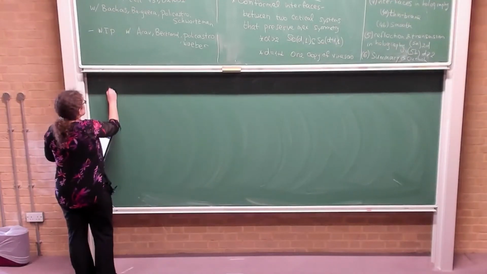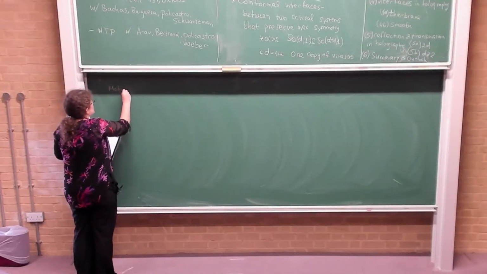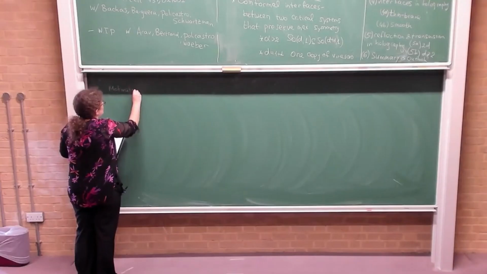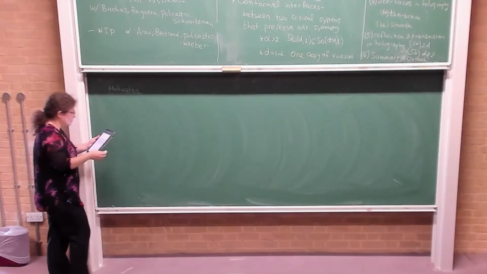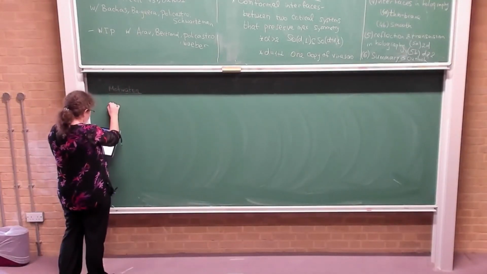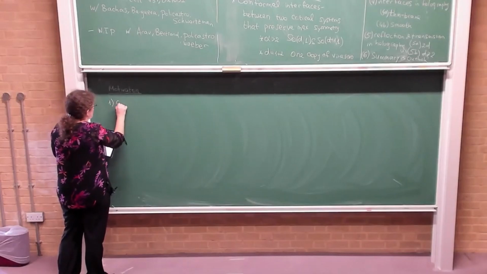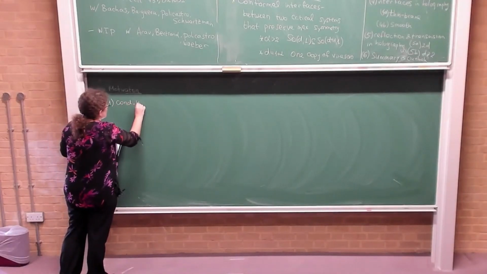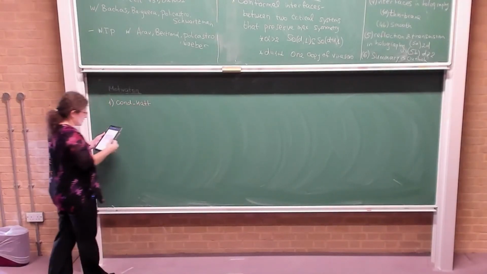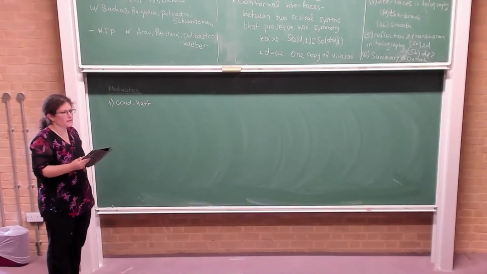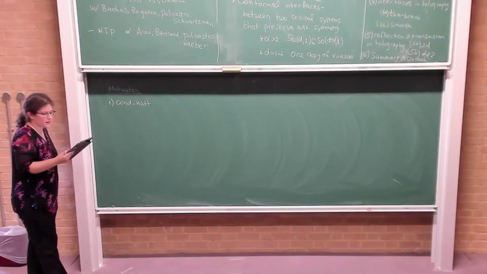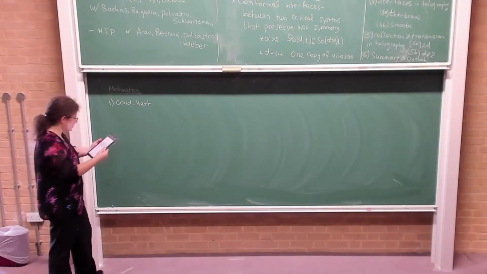Right. So this is a bit of motivation where we find those in nature or in general. So we find conformal interfaces in many places in condensed matter physics, including junctions of quantum wires, line and surface defects in the 2D and 3D critical Ising models.